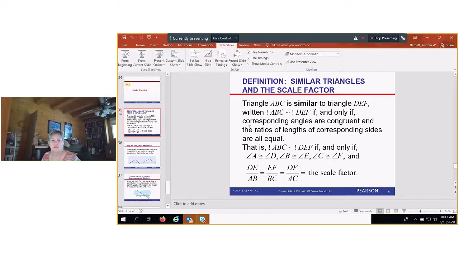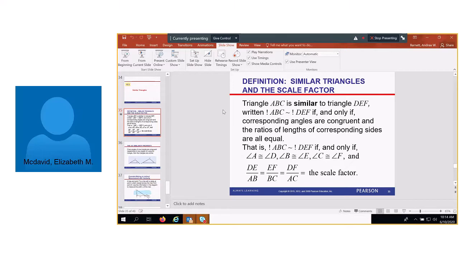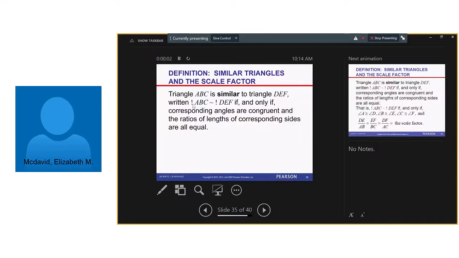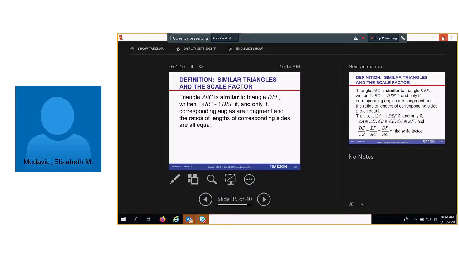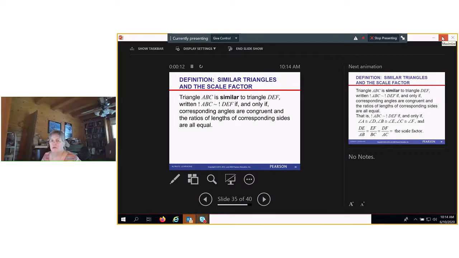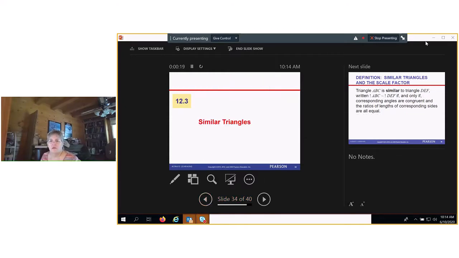So what do y'all see? I see the PowerPoint. I still see the PowerPoint? Yes. Okay. So I've done something, of course, again, and don't know what I did, so we'll go from here.